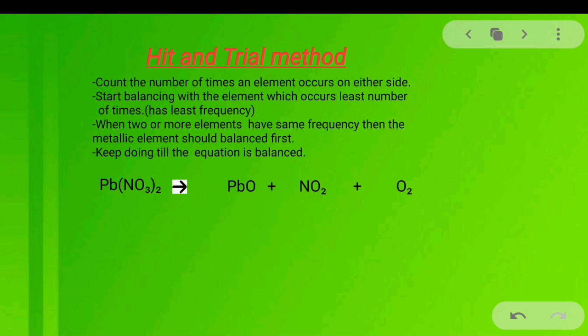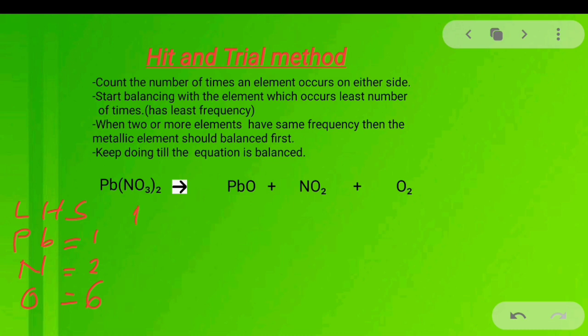So, let us count the number of atoms present on the LHS. On the LHS, the number of lead atoms is equal to 1, the number of nitrogen atoms is equal to 2, and the number of oxygen atoms is equal to 6.